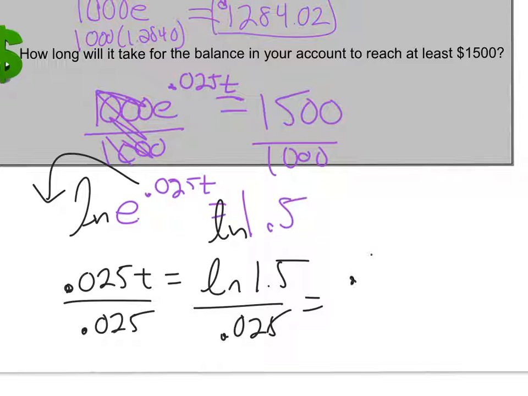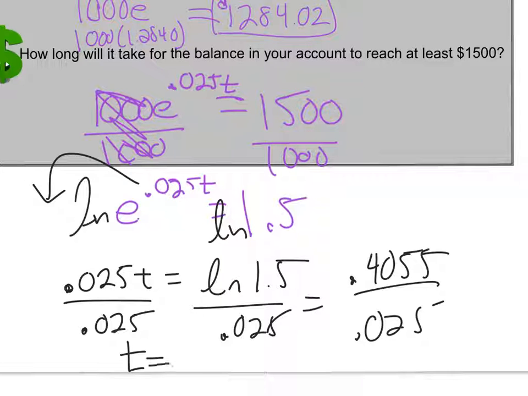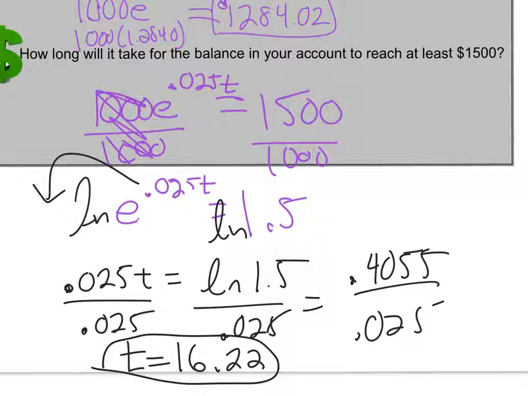This ends up being 0.4055 divided by 0.025. So t is going to be equal to 16.22, rounded. So a little over 16 years to get up to $1,500.